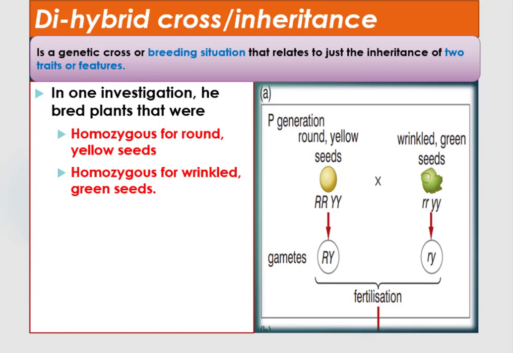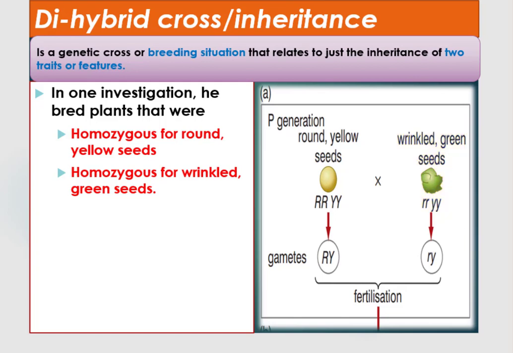In one investigation, he crossbred plants that were homozygous for round and yellow seeds with plants homozygous for wrinkled and green seeds. As we can see from the diagram, Mendel used two parental generations: round yellow-seeded pea plants crossed with wrinkled green-seeded pea plants.